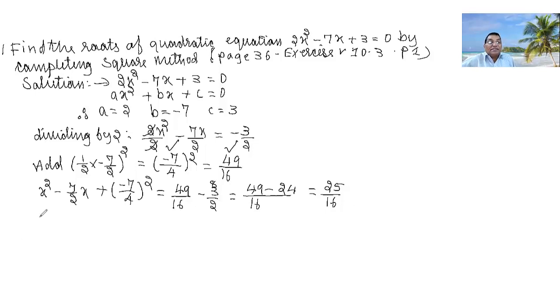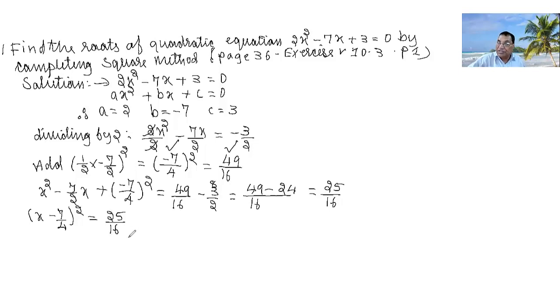Now the LHS you can write as a plus b or a minus b bracket square, that means x minus 7 upon 4 bracket square equal to 25 upon 16. And this is a positive quantity.